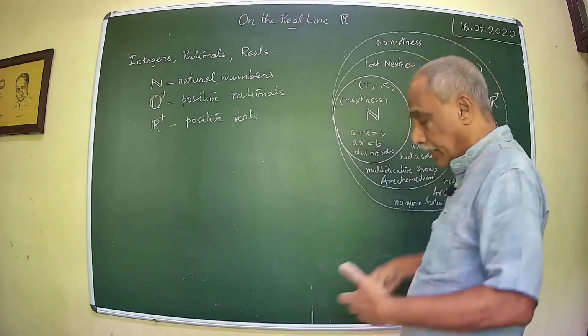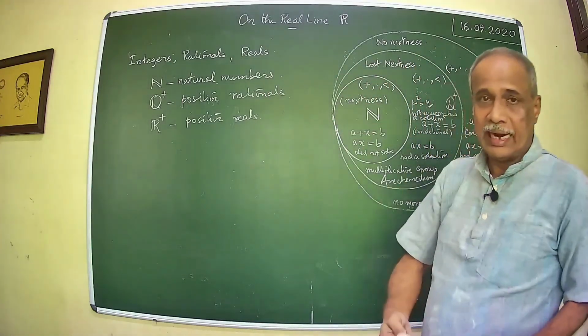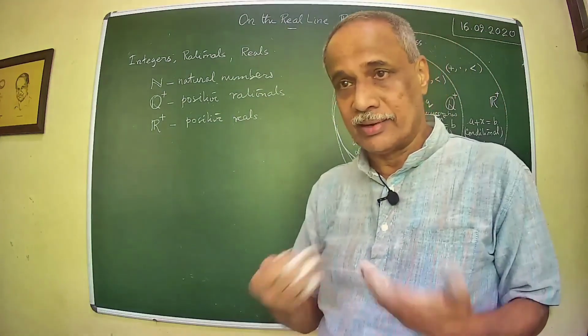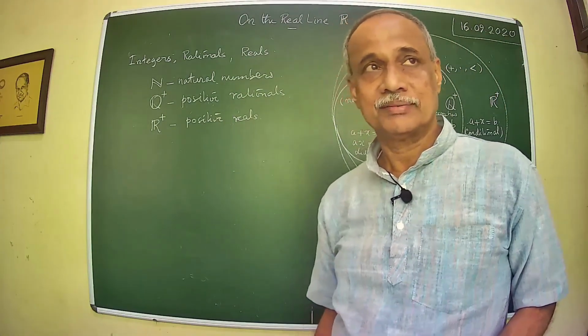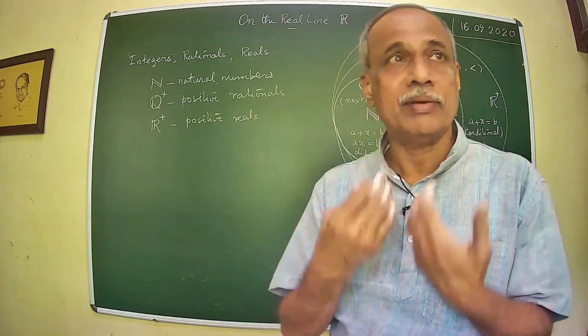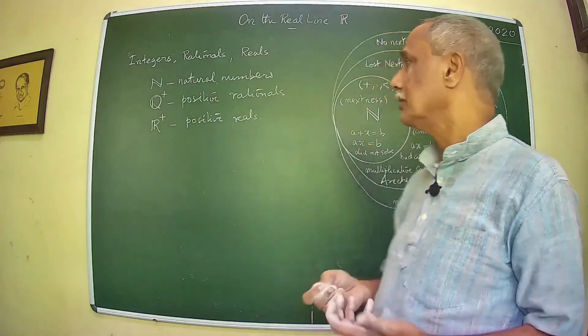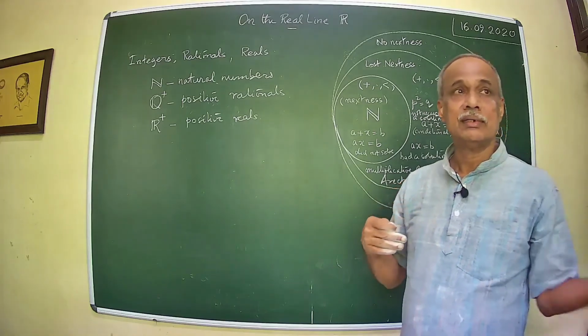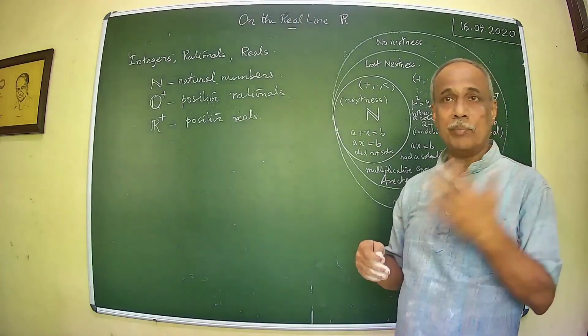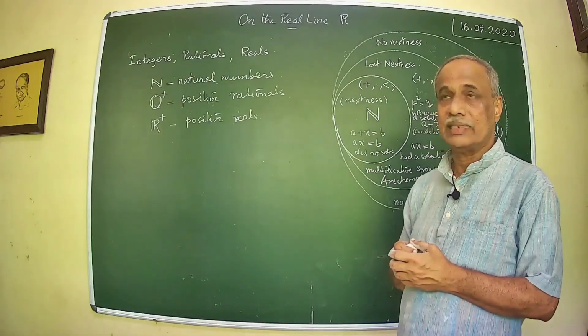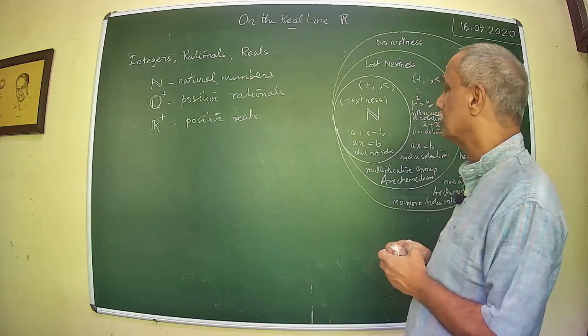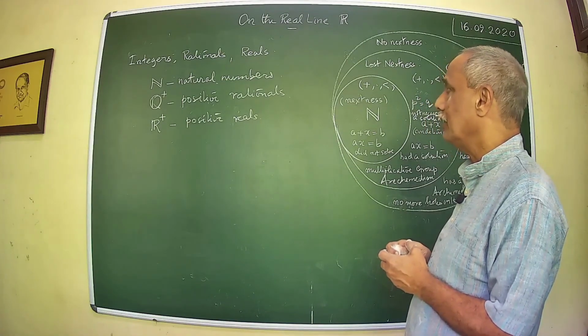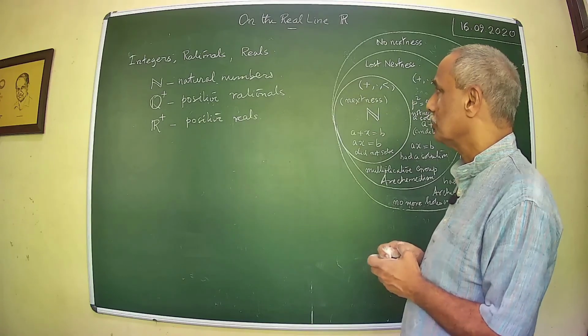Now we still have not brought in 0. So our next task will be to bring in 0 and all the negative numbers, and then build what is called R, Z and Q. So this is our aim.